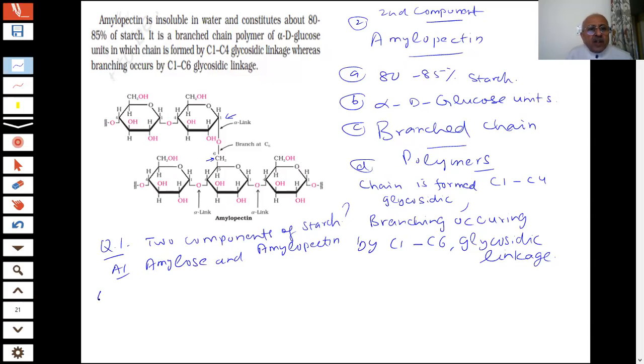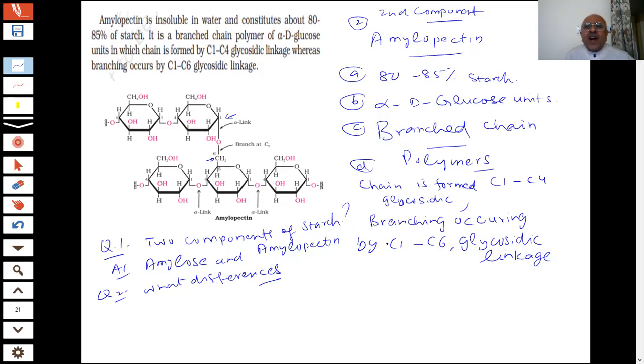Then they will ask question two: what are the differences between the two? Important, has been asked in the paper. Give the differences between amylose and amylopectin. This is branched, that is unbranched.